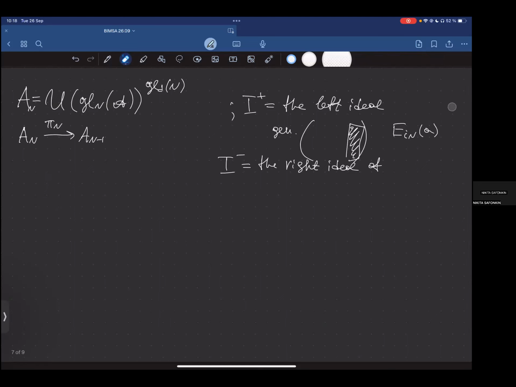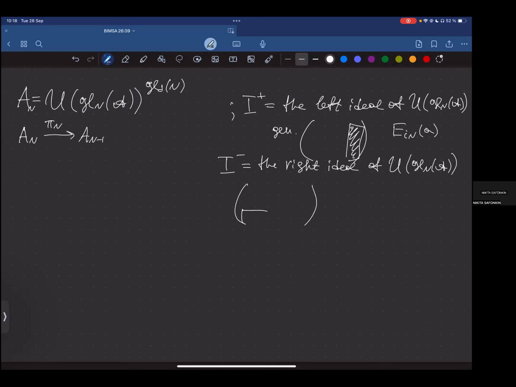I'm sorry, I should say here the universal enveloping algebra of that Lie algebra. And this ideal is generated by these elements.